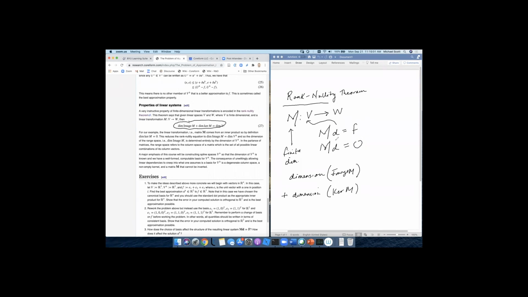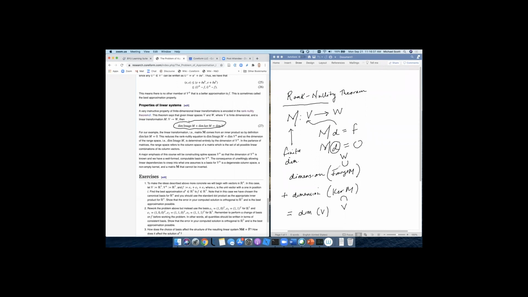So you're taking all of the vectors in V that when you multiply them by M, it sends it to the 0 vector. That is called the kernel. And so the kernel of M is actually going to be a subspace of V. This guy is going to be a subspace of W. And so the dimensions of these two spaces has to be equal to the dimension of V itself.